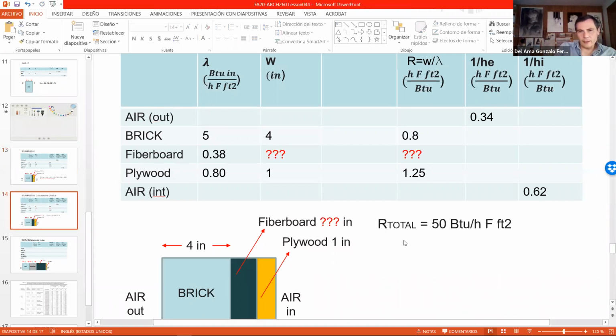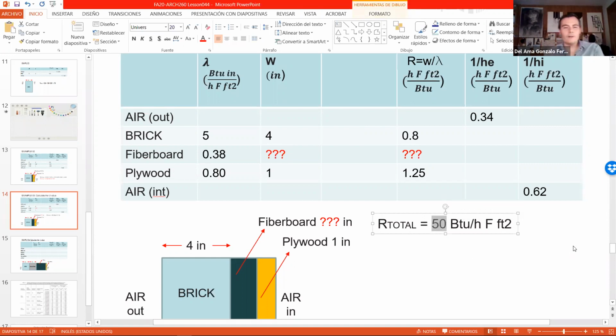But what if we have this requirement that the R total of this wall should be 50 BTU hour feet square, and we know that we're going to use brick, fiberboard, plywood. We do have this indoor air layer and the outdoor air layer. So what is the thickness of the fiberboard I have to use to meet this requirement?